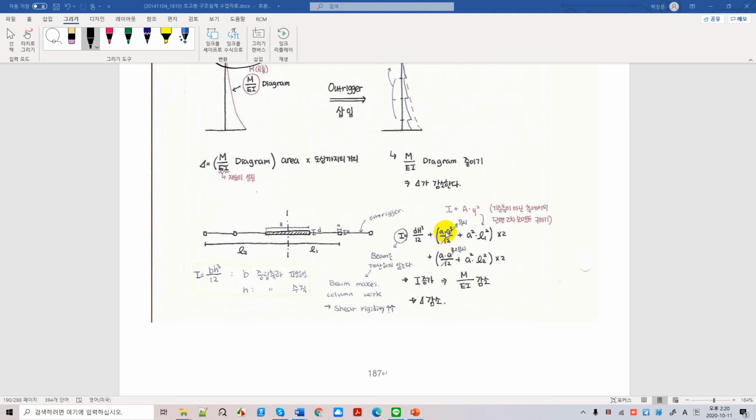So this is A, B square, a square column, then A⁴ over 12, and the area of your column should be multiplied by the square of the distance from the centroid of your column to the centroid of the whole frame system, which is indicated by L1.